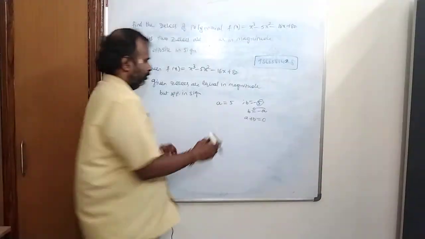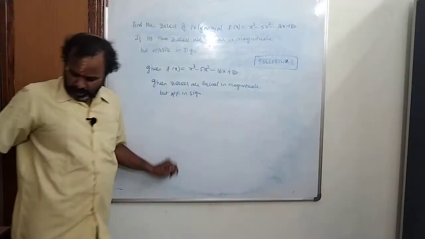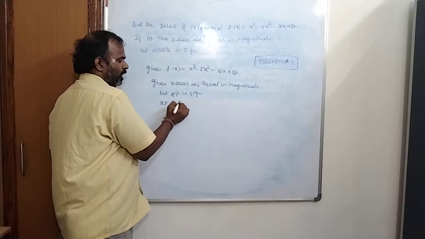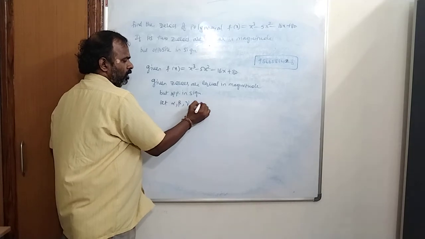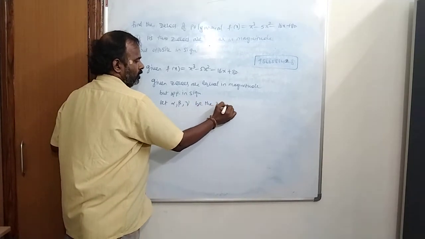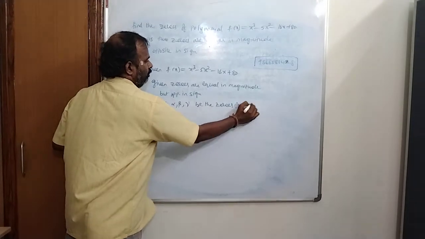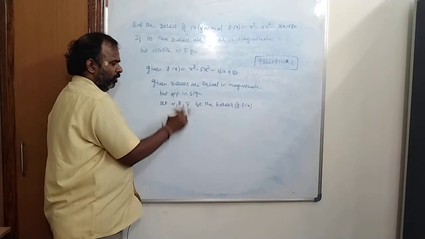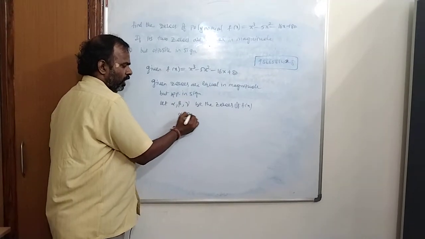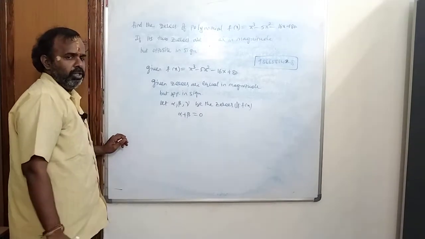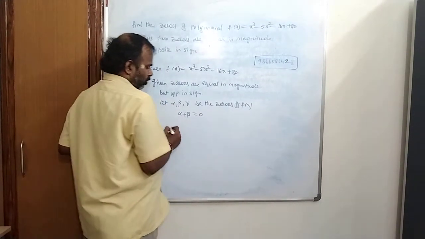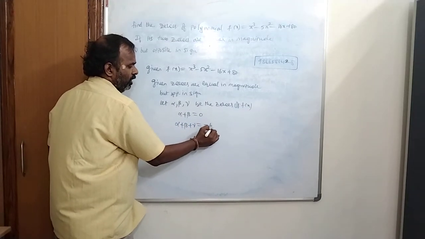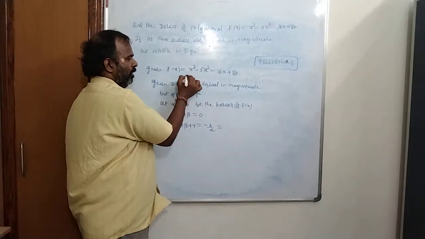So therefore, first, since it is a cubic polynomial, let alpha, beta, gamma be the zeros of f of x. So here, as I told you, they are equal in magnitude but opposite in sign, which means alpha plus beta is equals to 0. And now sum of zeros, alpha plus beta plus gamma is equals to minus b by a.